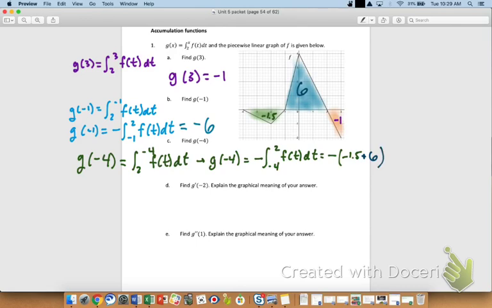Negative 1.5 plus 6. So this should equal negative 4.5 in the end. Okay. I think I did that right.